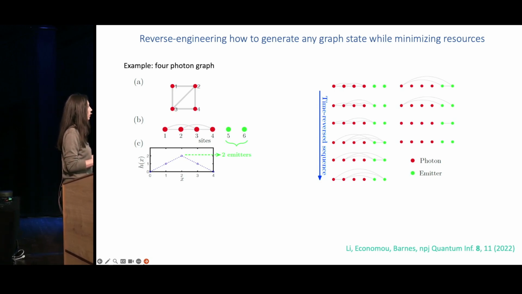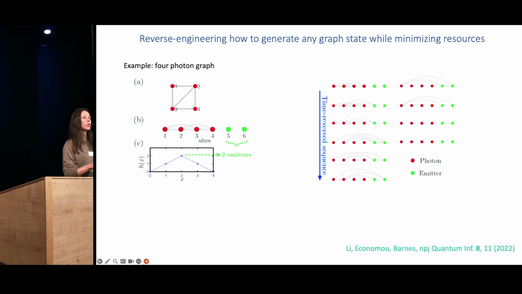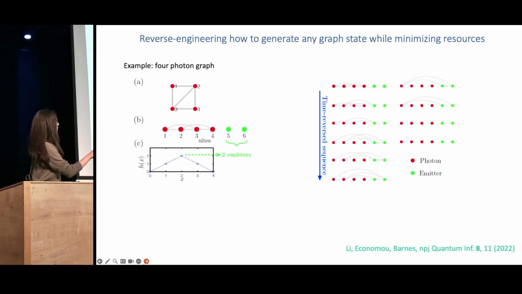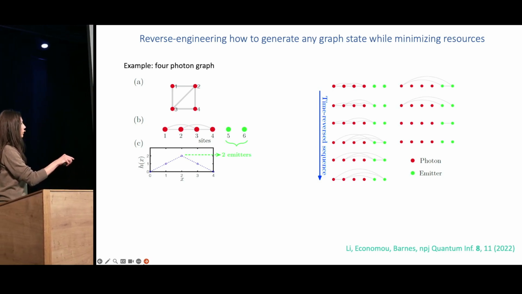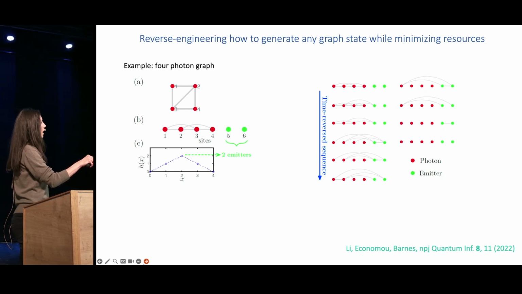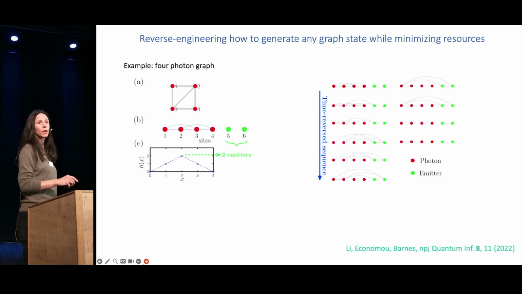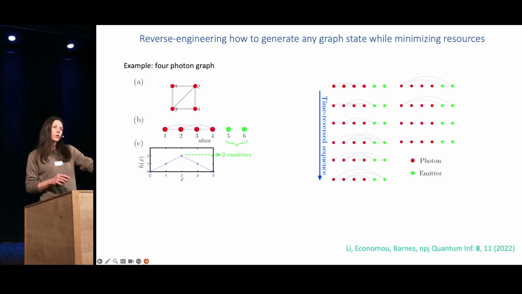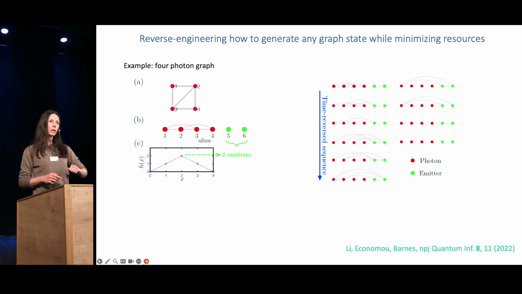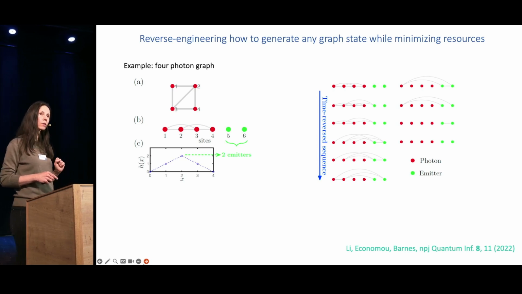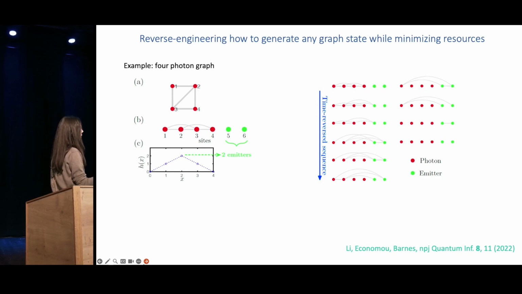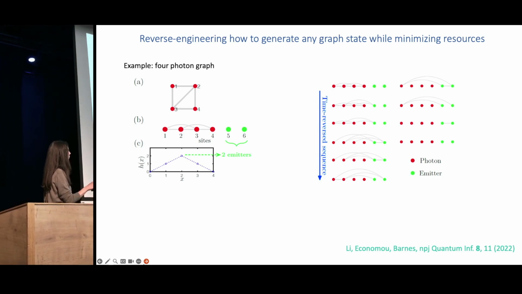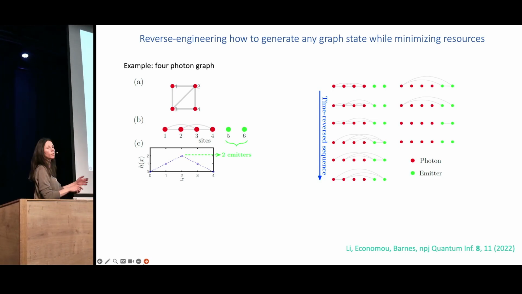And then the next key thing is I do a reverse engineering approach. So I start with the graph state I want to create on the photons and the emitters. And I go backwards. And I ask, how do I need to bring the emitters back into my state? We call this a reverse measurement. And how do I need to absorb the photons, because I'm going this way, instead of emitting them?